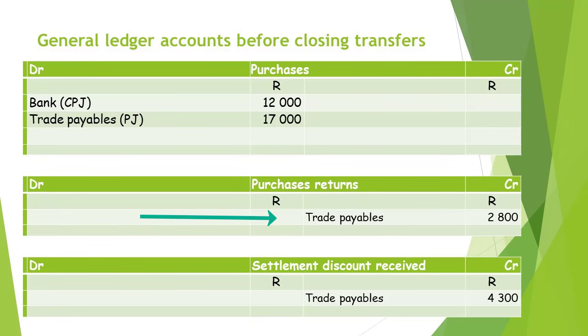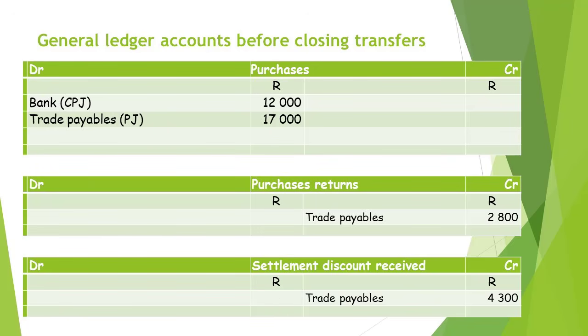These transactions are recorded in the purchases returns journal. Settlement discount received was posted from the cash payments journal. Settlement discount received are recorded in the cash payments journal when a business receives settlement discount from trade creditors for early settlement of its accounts.